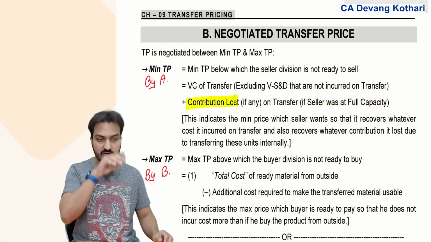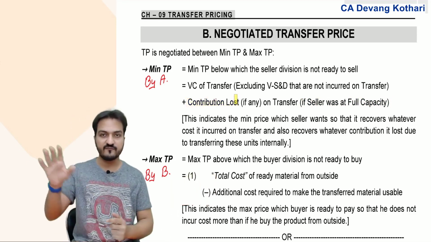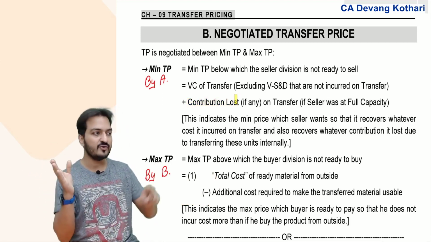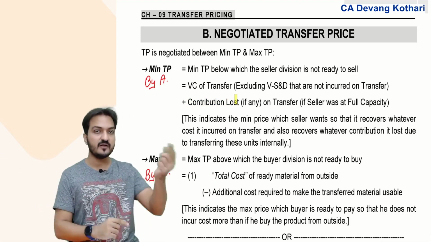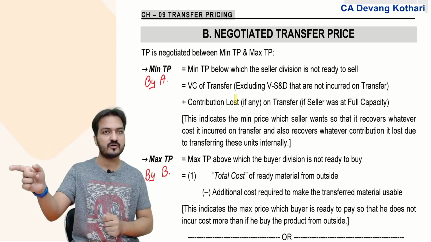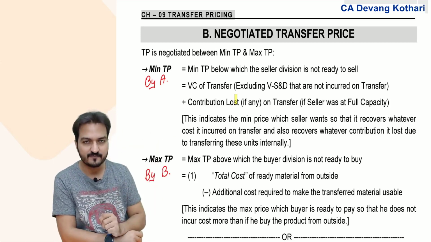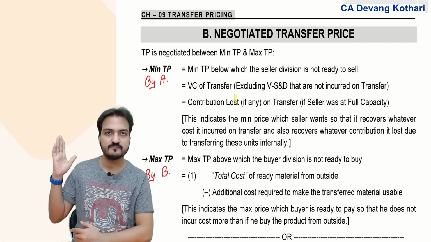Division A is already selling all its units to outside customer. Now if division B is asking me to transfer units to them, then I will have to decrease my outside sale in order to do the transfer. If I decrease my outside sale in order to do the transfer, then I will lose a contribution on that outside sale. This contribution loss I will want to recover from my transfer.